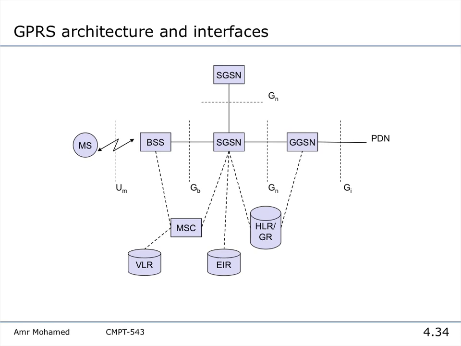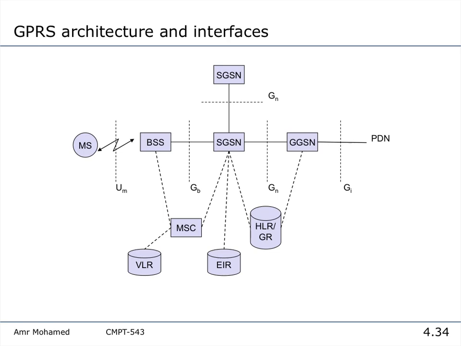We also discussed the concept of quality of service classes that GPRS supports, because with packet switching, there's always the issue of quality of service. Circuit switching natively provides quality of service, but packet switching services don't necessarily provide it natively.